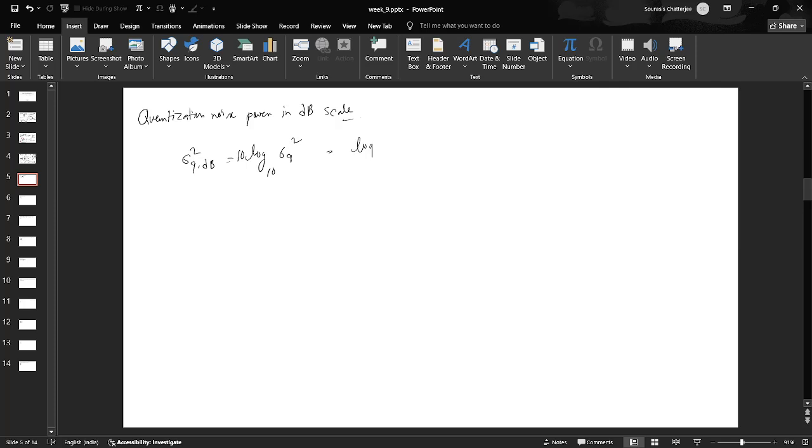So if I write 10 log base 10 of m max square divided by 3 times 2 to the power 2B.